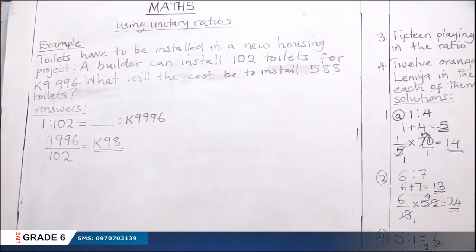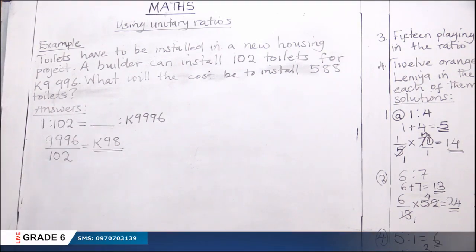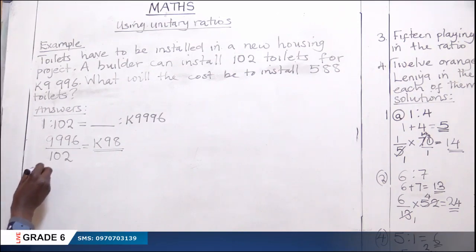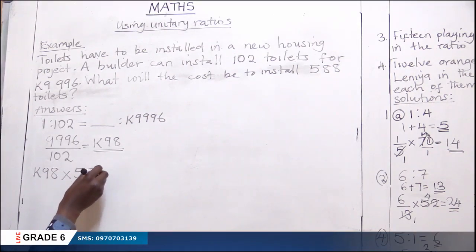So for us to find the cost for 588 toilets, we are going to multiply 98 kwacha times 588.